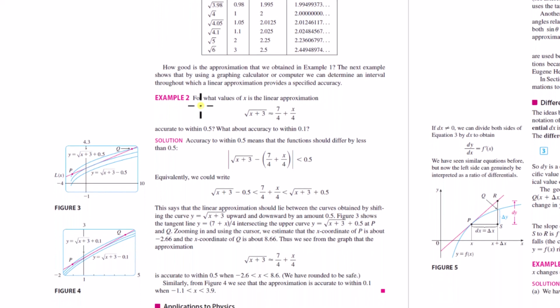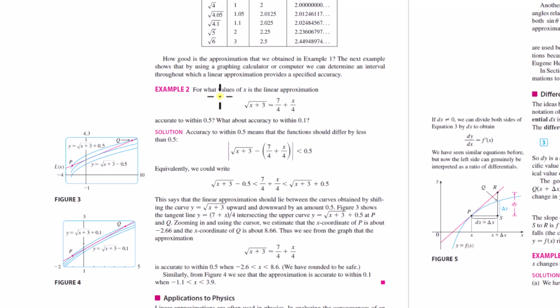Okay, so this example asks, for what values of x is the linear approximation, so that's the linear approximation, right? That was our L(x), and that was the original f(x). Accurate to within 0.5. What about accurate to within 0.1?